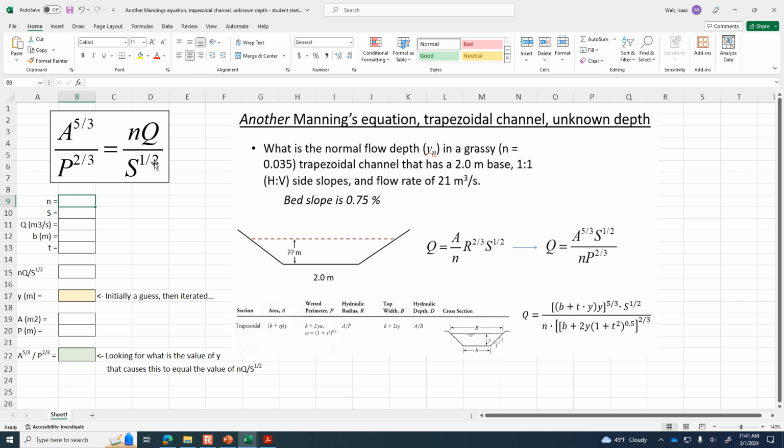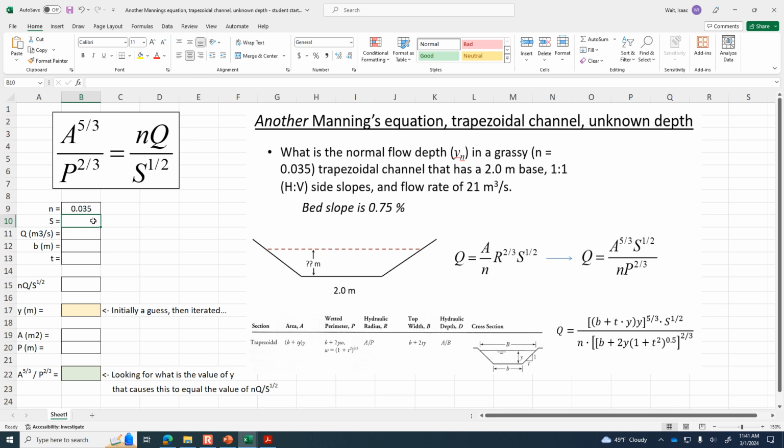The n value, if this is grassy, and it says in the statement here, is 0.035 for a grassy channel. The slope of the channel. Now, this S that we put into Manning's equation, it's not referring to the side slope, it's talking about the bed slope.